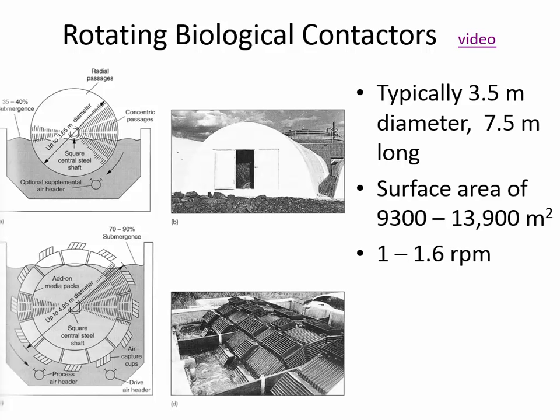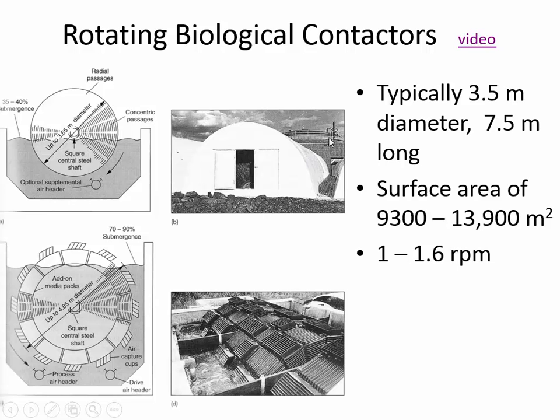And the slime layer that's growing on here and will slough off into the water, that settles very easily in a secondary clarifier. And so these can range, typically 3.5 meters in diameter, 7.5 meters long. They don't rotate very quickly though, 1 revolution, maybe up to 2 revolutions per minute. So they're not spinning around really fast.